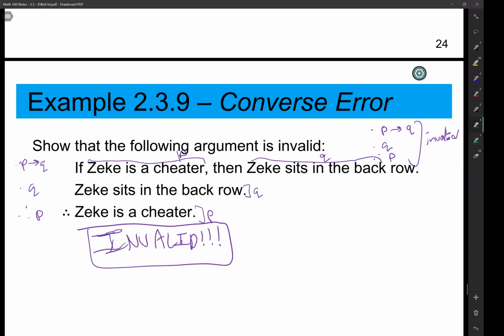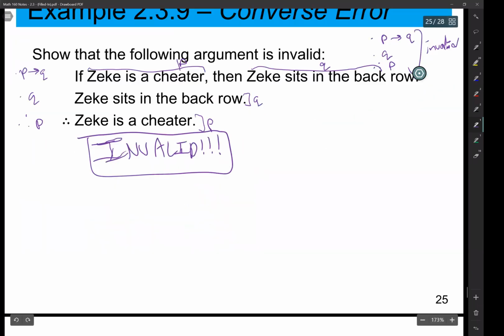The first statement says if Zeke is a cheater, then Zeke sits in the back row. But it doesn't mean that if Zeke sits in the back row, he's a cheater. He can just sit in the back row without cheating. That statement just says it's sufficient that if he's a cheater, then he will sit in the back row. But there will be chances where he sits in the back row and it doesn't mean he's a cheater. So it's invalid. That's the converse error.